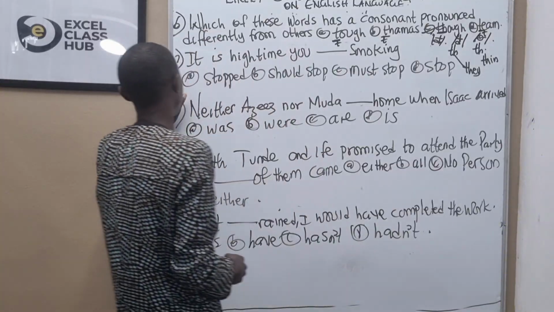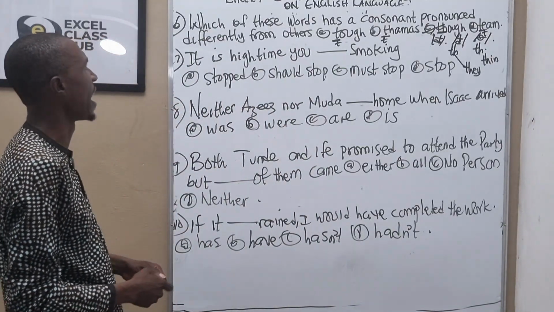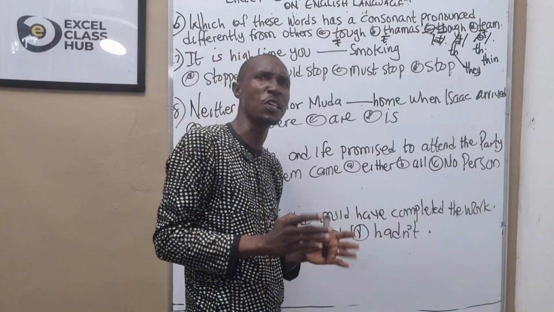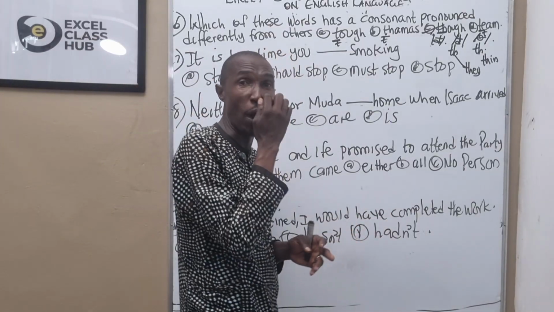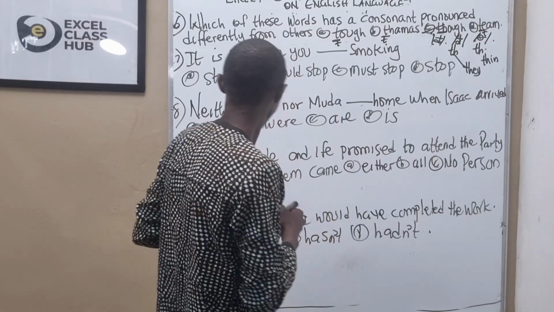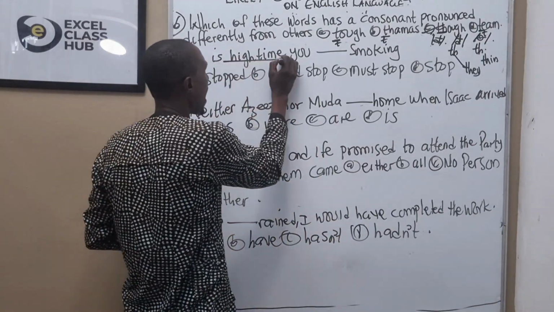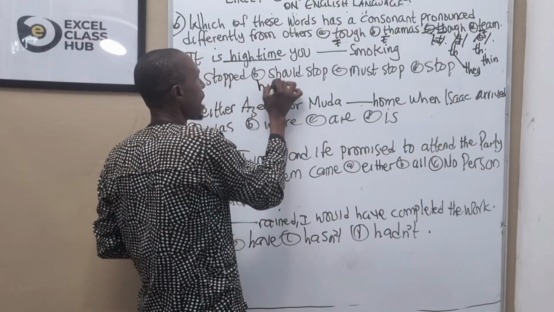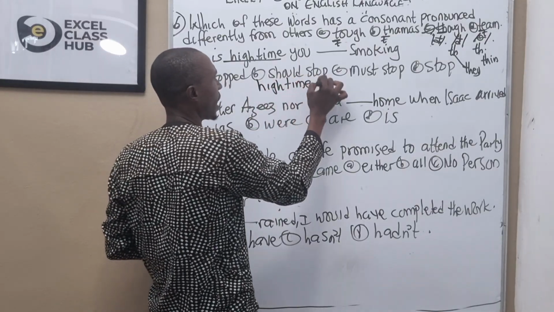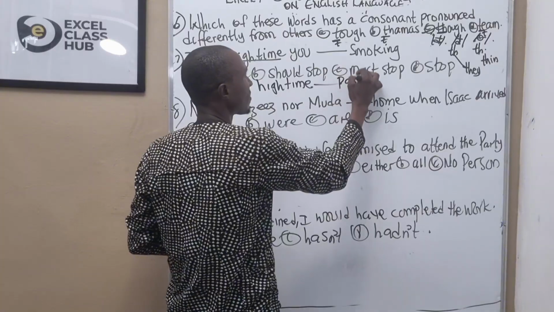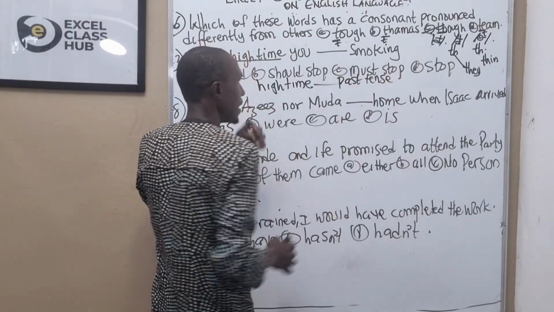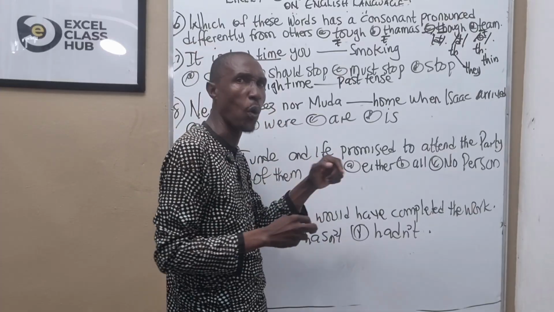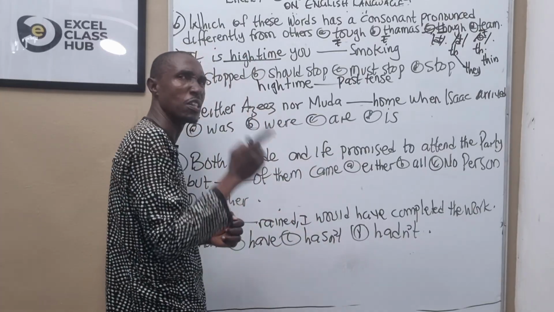We go to the second question. It said, it is high time we dash smoking. There are certain principles you need to follow when dealing with Concord. Anytime you see the words high time, it goes with past tense. Anytime the words high time are asked, it goes with past tense. Now, if high time is asked and to is in front of it, it goes with present tense.